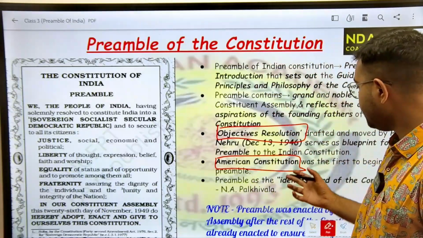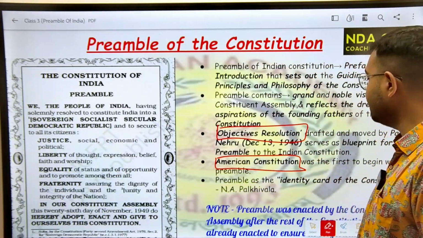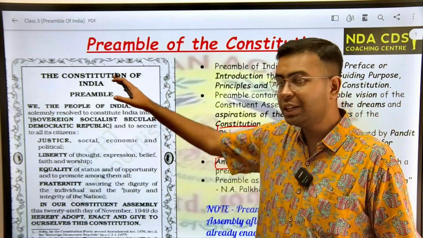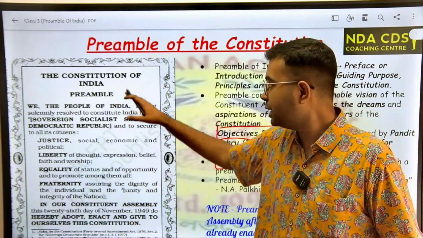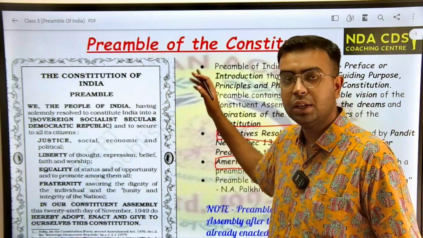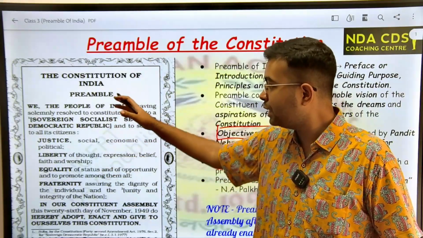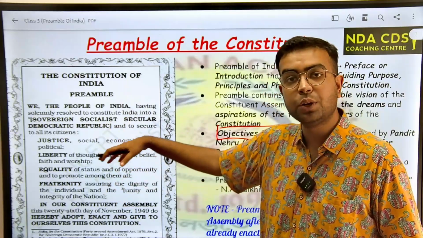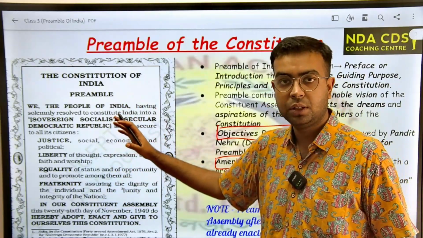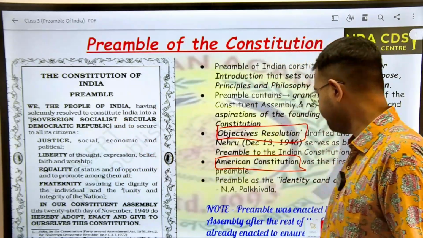Similarly, the preamble is also the ID card of the Constitution. How? Because it is not giving you the detail of the Constitution. It is not talking about fundamental rights or duties or DPSPs or whatever, but it is going to give you an idea of what you are going to read ahead. I hope it is clear to everyone.